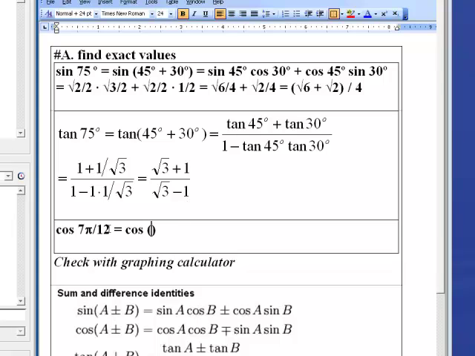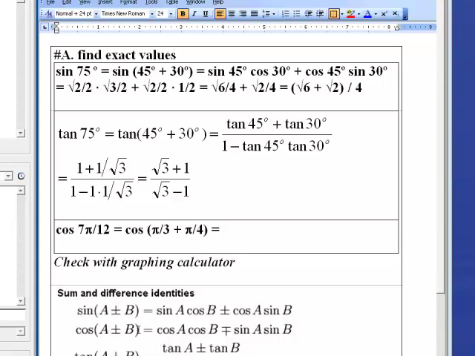Well, 60 degrees is pi over 3, and then we have 45 degrees, pi over 4. Equals, so what are we going to do here? Which identity?